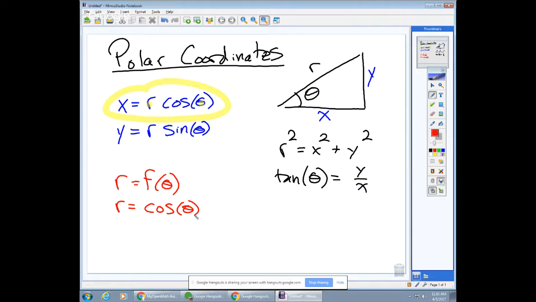So if you think about differentiation, and you wanted to differentiate an equation like this, here I have x as a function of r and theta, but r is generally going to be a function of theta. So we have to differentiate implicitly on both sides when something like that comes up. So I just want to consider, what would a derivative of x look like? What would a derivative of y look like if the independent variable is theta?